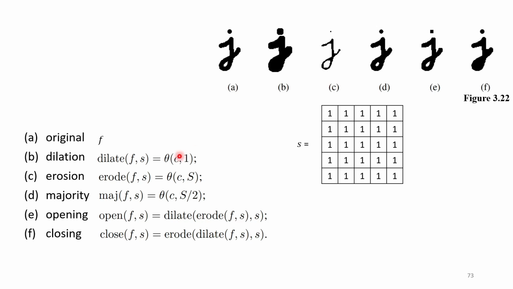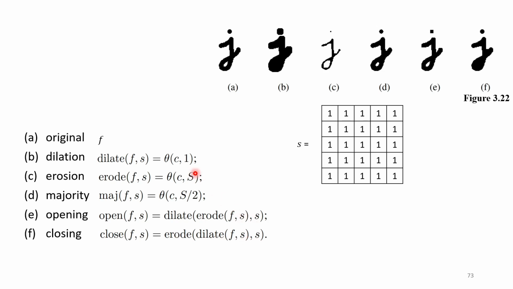Okay. And majority means half of your surrounding pixels need to be 1. Then your output will be 1. So it looks like the original one. Okay. And the opening is this one. Here it is difficult to see but I will show it in the next slide. And the closing means you do dilation first, then you do erosion later.